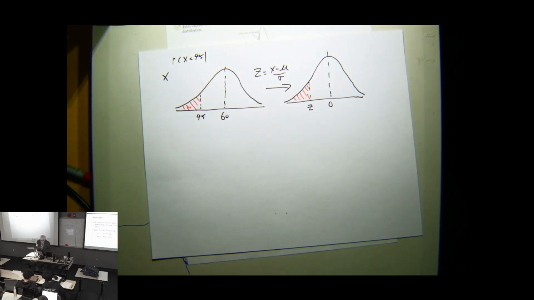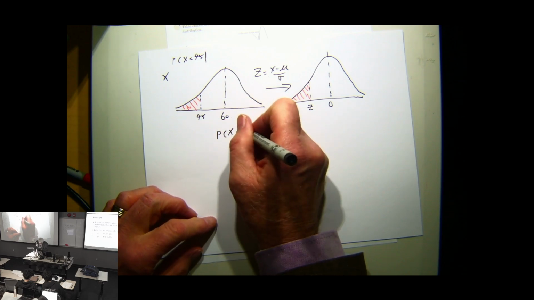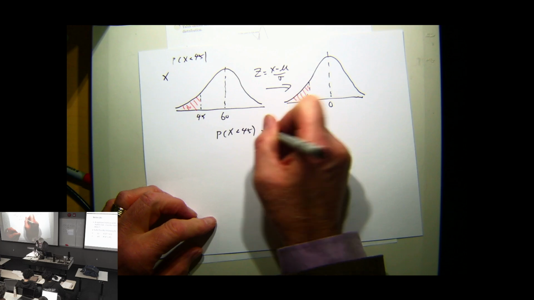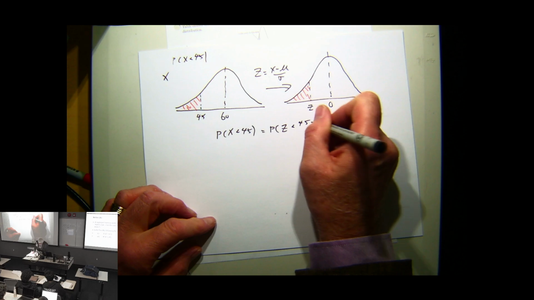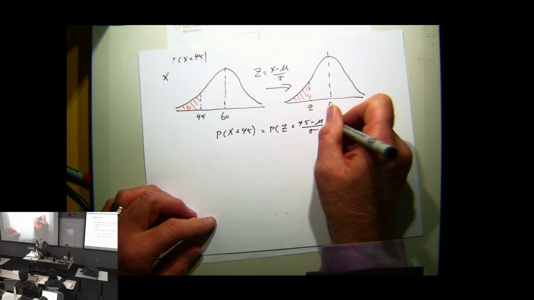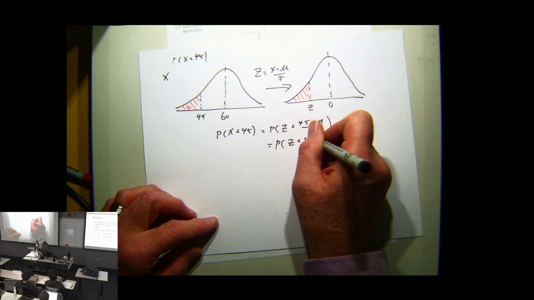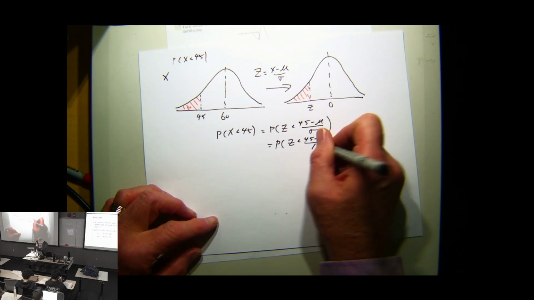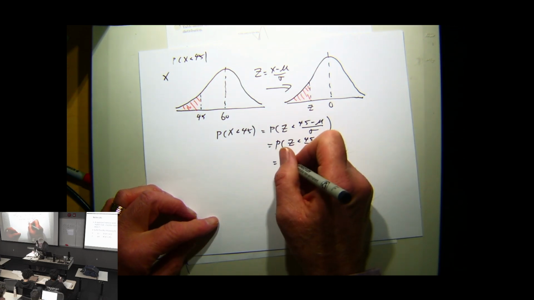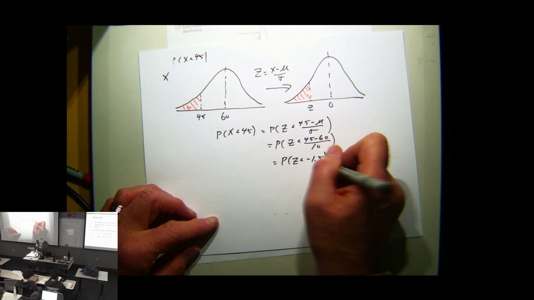So the probability that x is less than 45 equals the probability z is less than (45 minus mu) divided by sigma, which is the probability z is less than (45 minus 60) divided by 10, which is the probability z is less than negative 1.5.